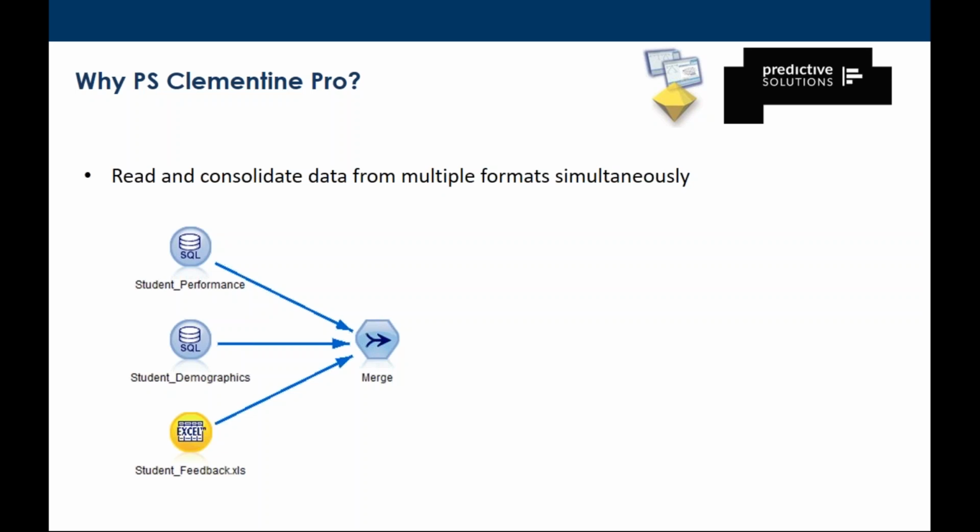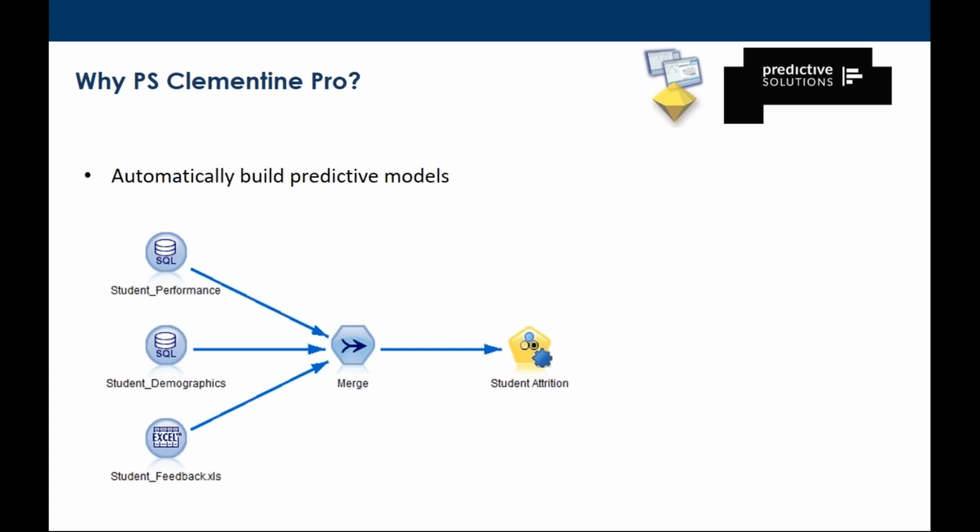Therefore, one could read multiple data sources at the same time in different formats, whether that be text-based, database-based, or spreadsheets, or using native file formats such as SAS formats, Cognos, or SPSS. And it also allows us to automatically build predictive models to try out many different algorithms to find the best one that predicts that outcome.